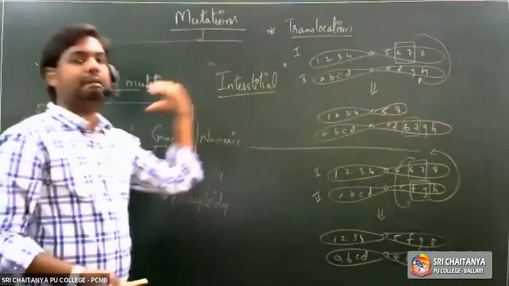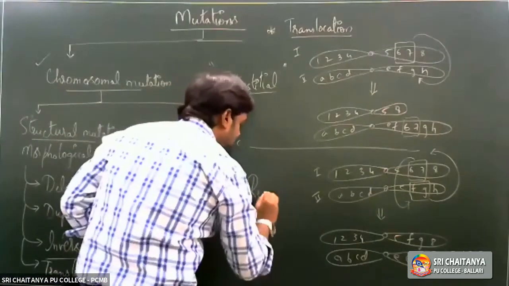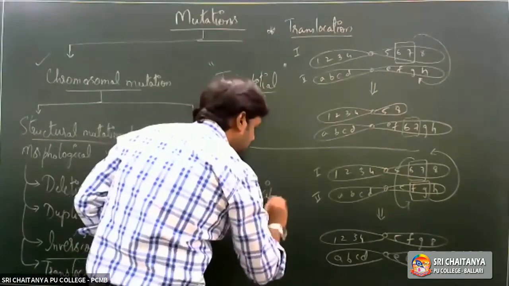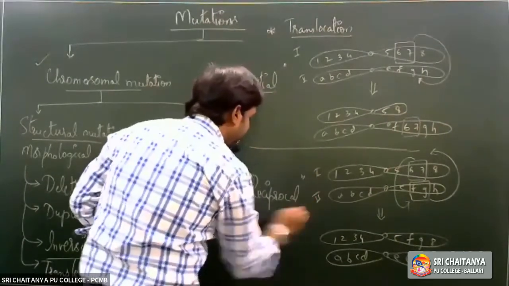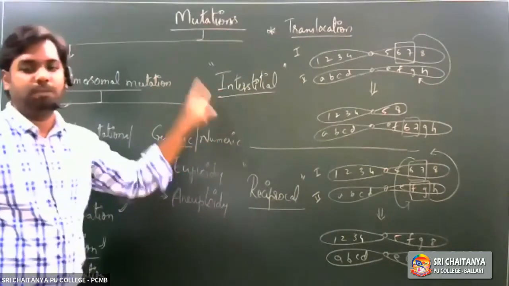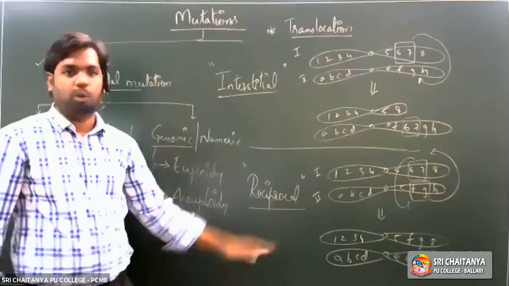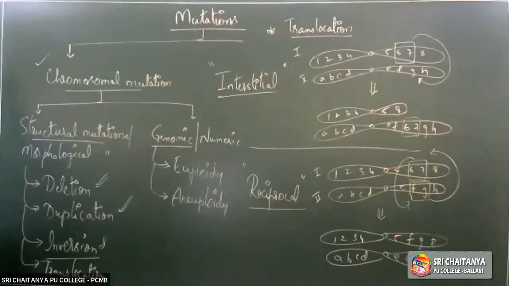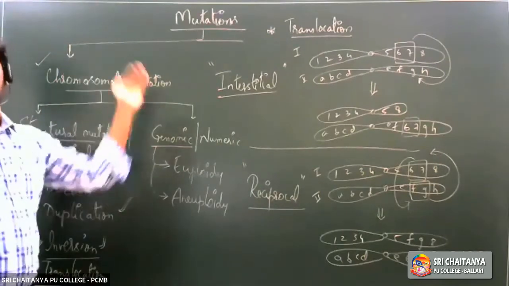So this is the second type of translocation, what we call the reciprocal translocation. So what are the types of translocations? One is called interstitial translocation. Second one is called the reciprocal translocation. Both of these fall under the category called chromosomal mutation, structural chromosomal mutation.